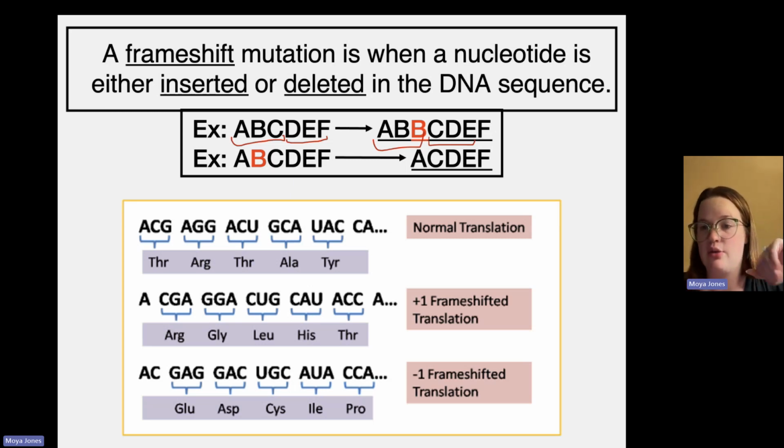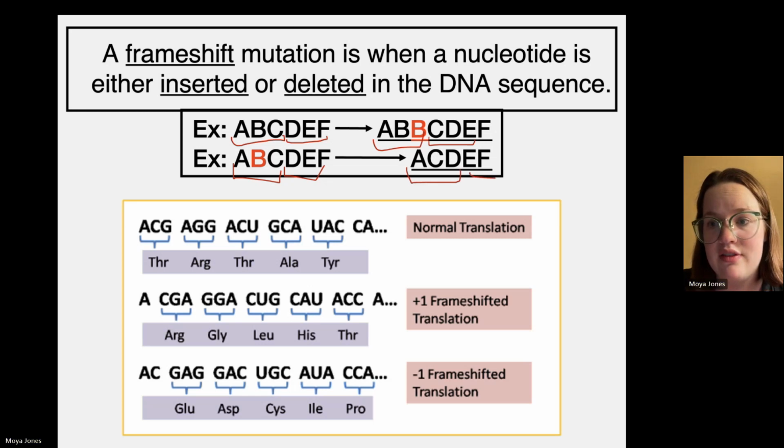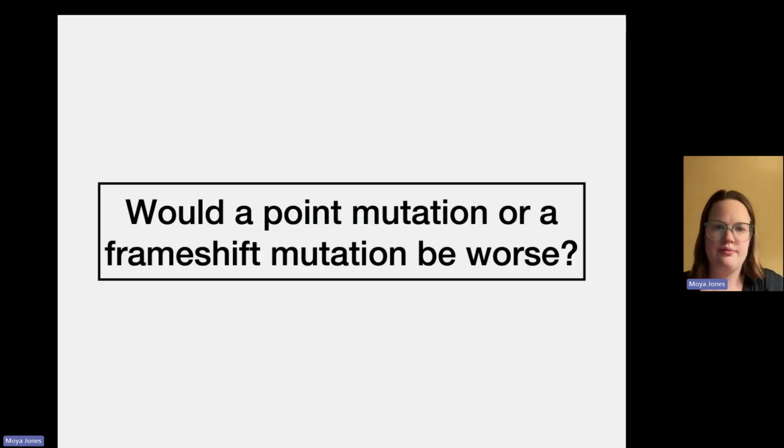All of the codons after will change also. So example number 2 is it was supposed to be A, B, C, and then D, E, F, but we did a deletion, and now it is A, C, D, E, F. So you notice it changes the first codon, but also every codon after.